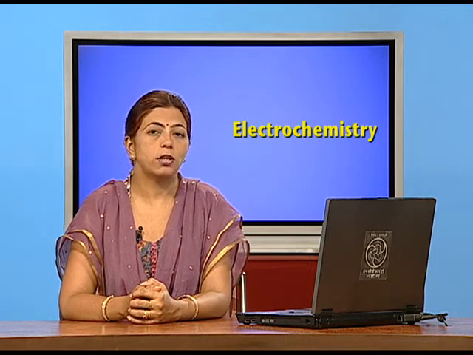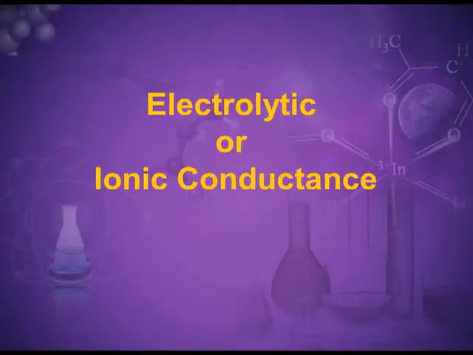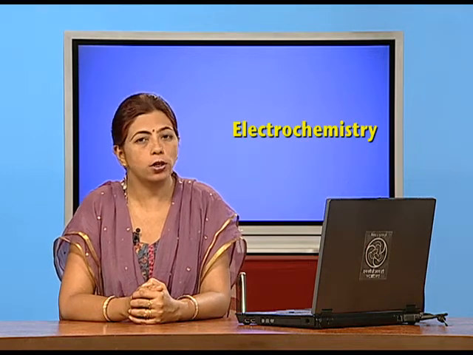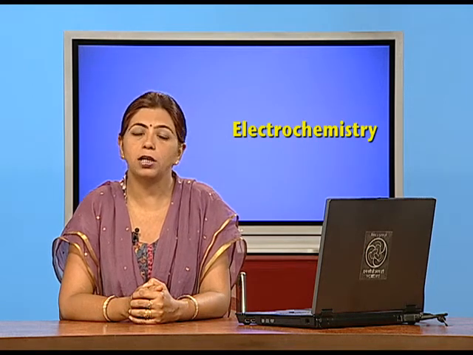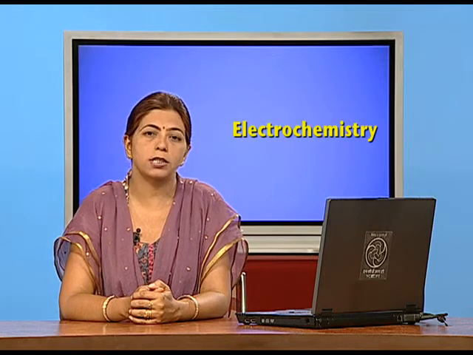In this unit, we have to concentrate on electrolytic or ionic conductance. That means the ionic compounds you have earlier studied in the first unit of class 12th, that is solid state, that there are substances which are ionic compounds. When they are solid, they do not conduct current.